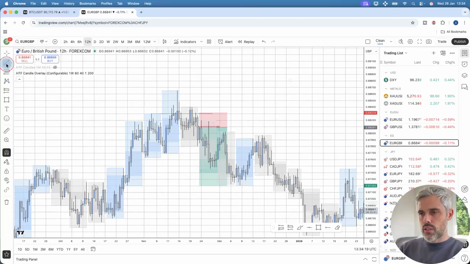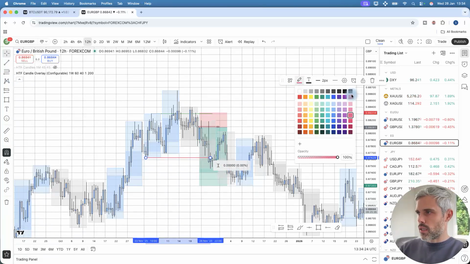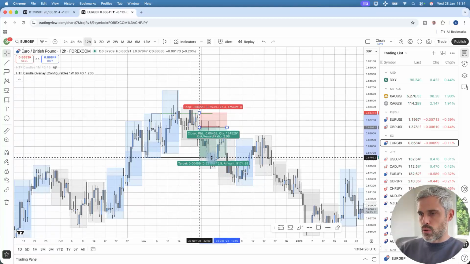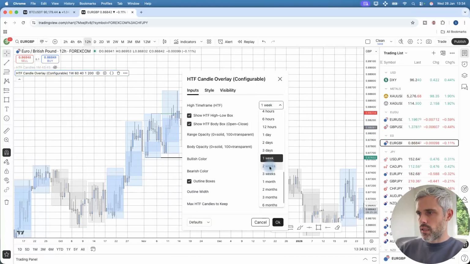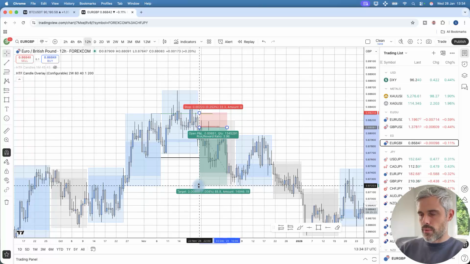So the first target for price is naturally right here. I'll mark that in black, and that would have been to the weekly target, a 2R trade. But because we get the 2-week close at this point, we can then hold to our second target.